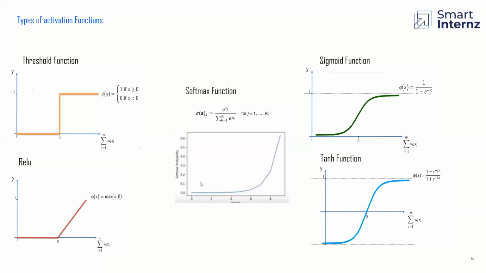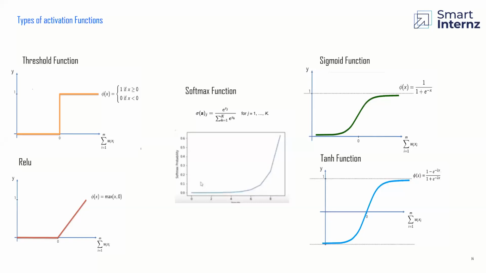Softmax is generally used for multi-class classification. It depends on how many classes you have. For more than 2 classes, we prefer the softmax function because it works well for multi-class classification data. Softmax is basically an extension of the sigmoid activation function.